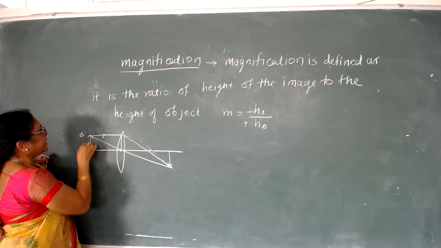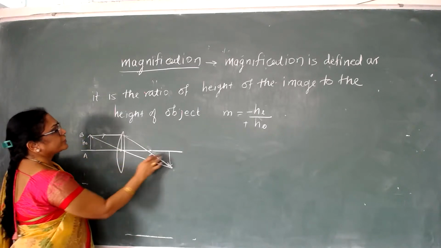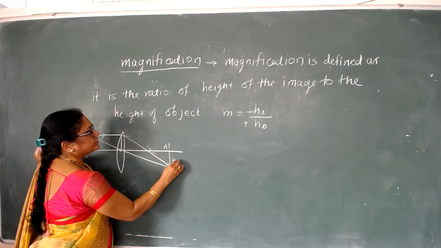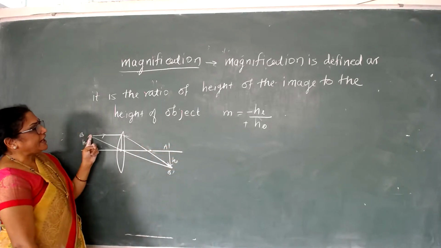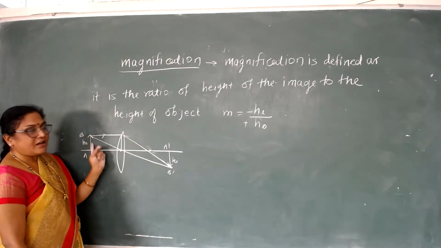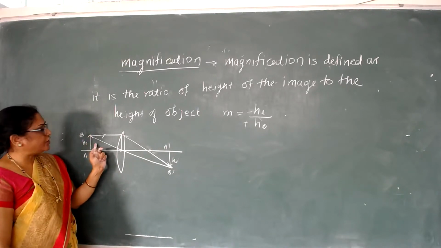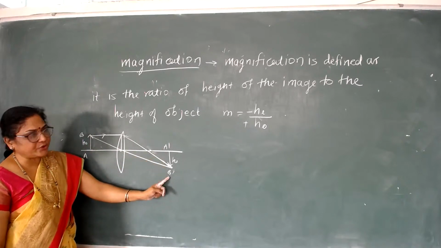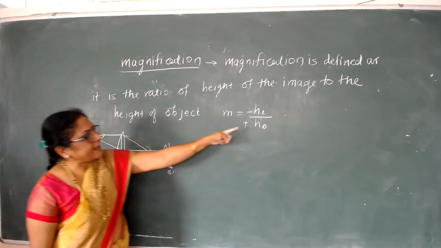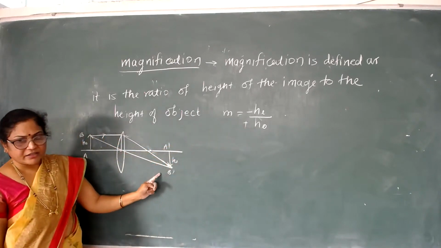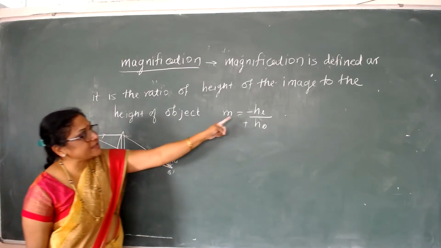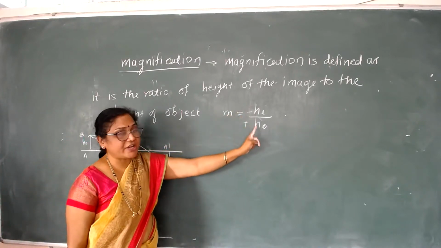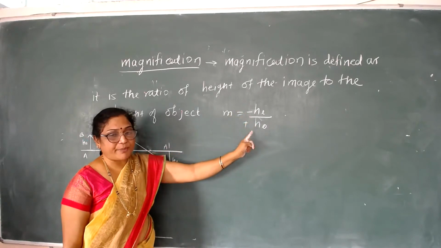AB is the height of the object and A dash B dash is the height of the image. Height above the principal axis is considered positive, and height below the principal axis is considered negative. So HO is positive, and HI, being below the principal axis, is negative. That is, magnification is equal to minus hi divided by ho.